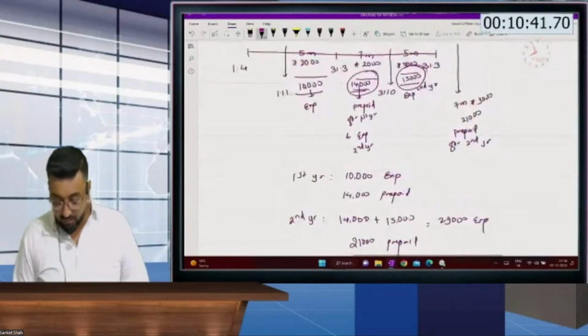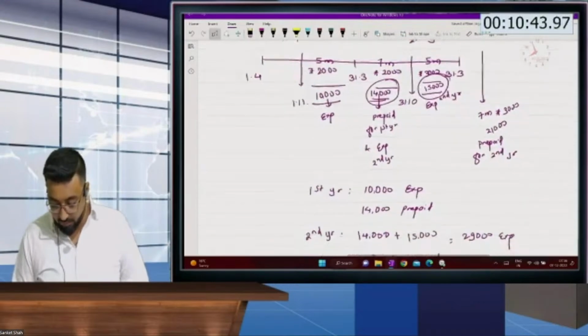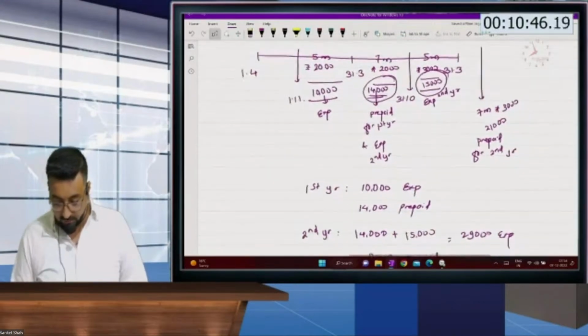You can draw this. If you are not getting it properly, you can draw this.